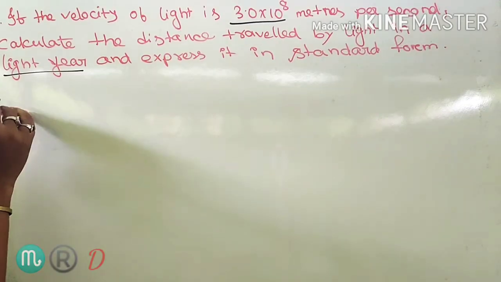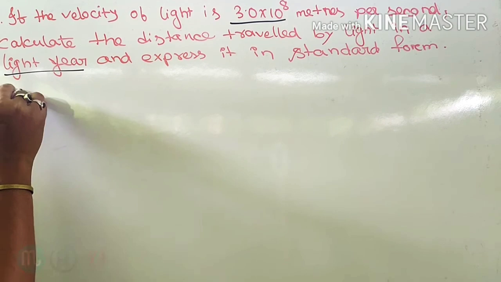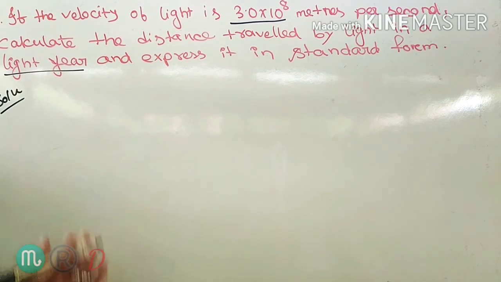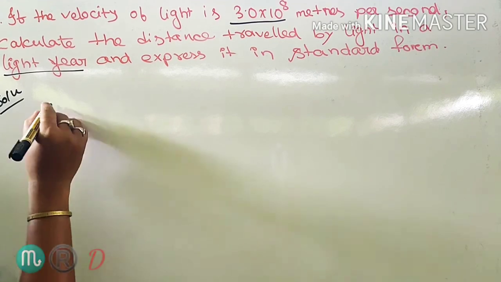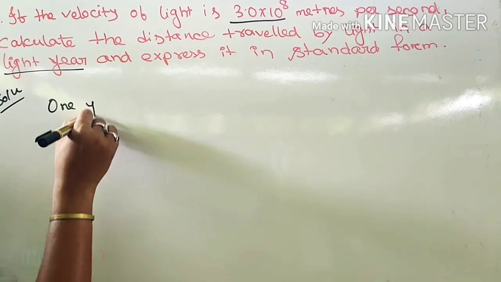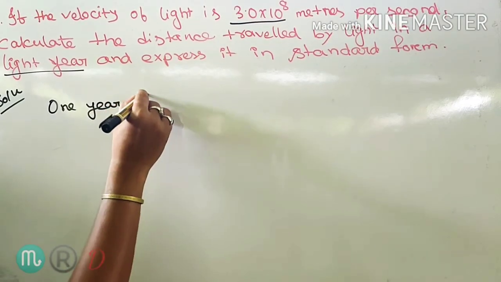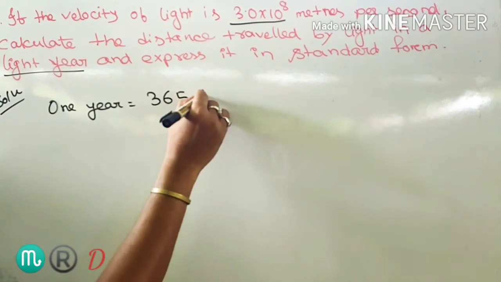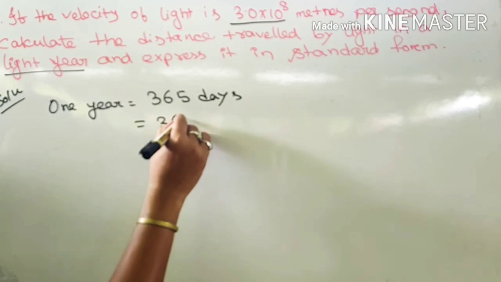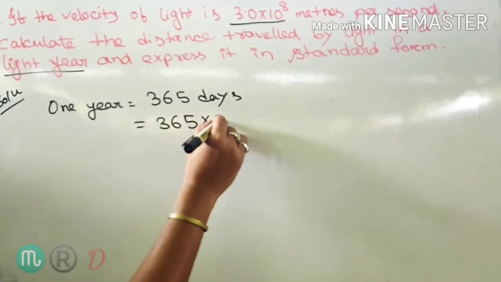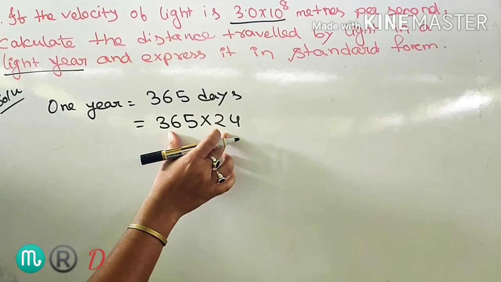For this, first of all, we have to find out what is the total number of seconds in 1 year. So 1 year is equal to 365 days. Now if you multiply the days by 24, it becomes hours.